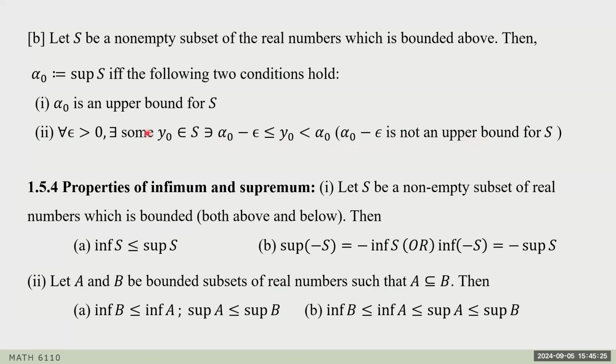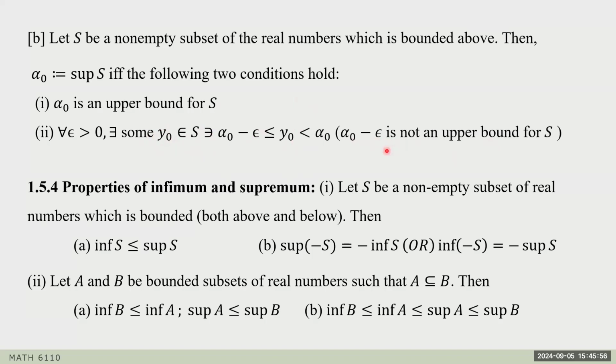So if you have something you think is the supremum, what you have to do is show that if you subtract any small number, any epsilon from it, there's going to be an element y0 from your set that is now bigger than it. Because if a number is not an upper bound, then that means there's another number in that set that is bigger than it.